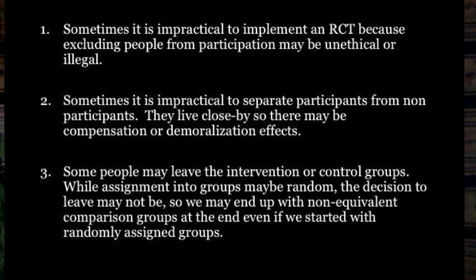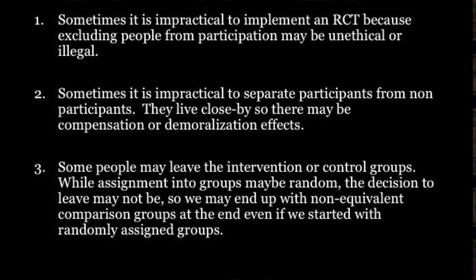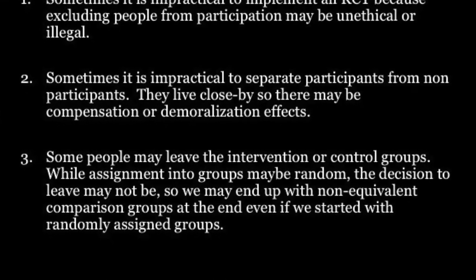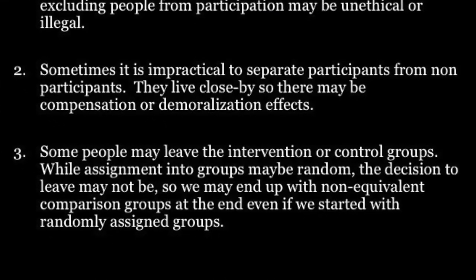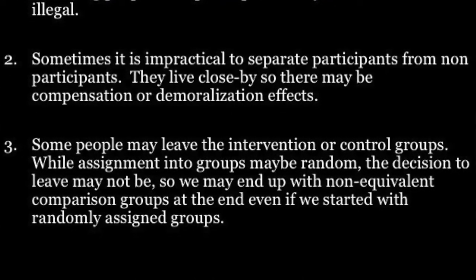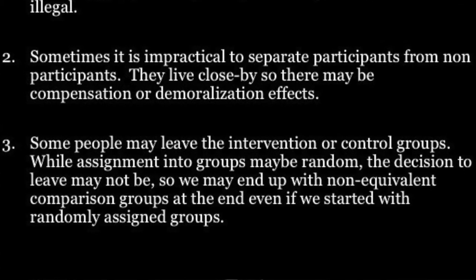So when you have a high number of people leaving the treatment group or the control group, you may end up with the same problem of having a non-equivalent comparison group, even if you started with a correct random assignment. If a lot of people leave the experiment or the control group, you may end up with a non-valid control group.